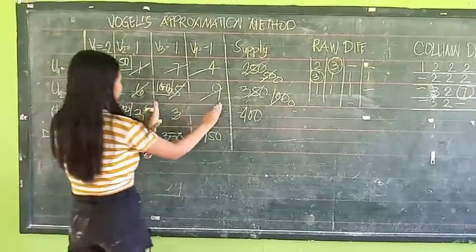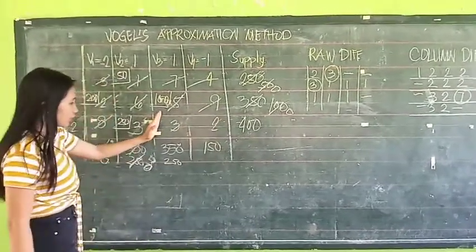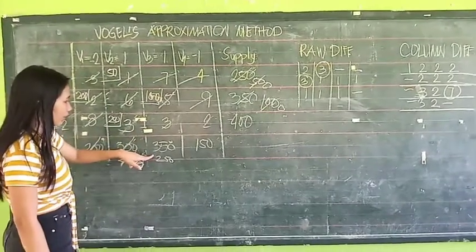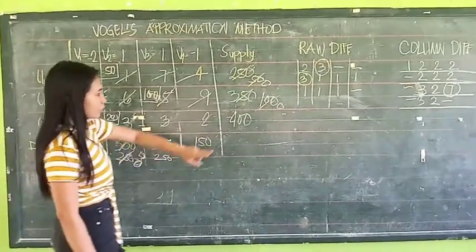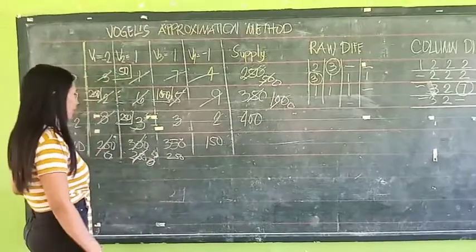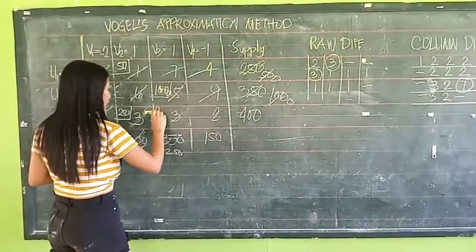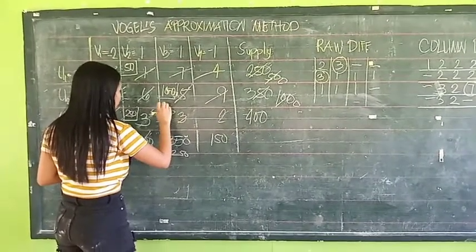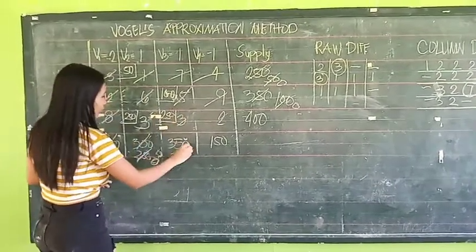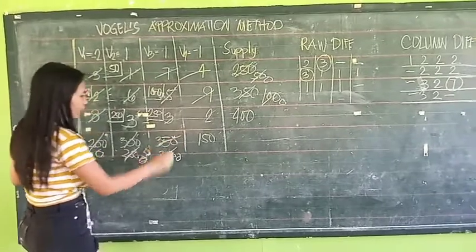So here in this area, 250 minus 400: since demand is the lesser number, our allocated 250 is our demand. Then 250 will be cancelled and becomes 0.